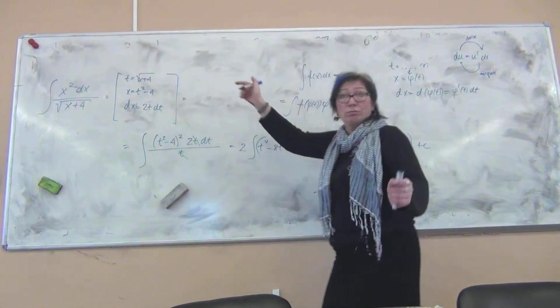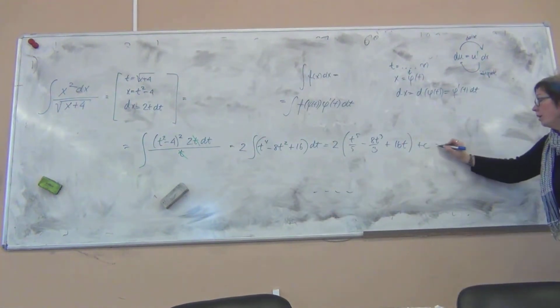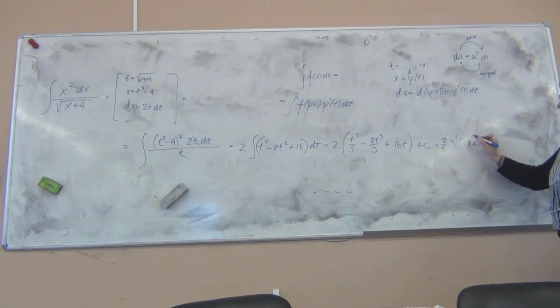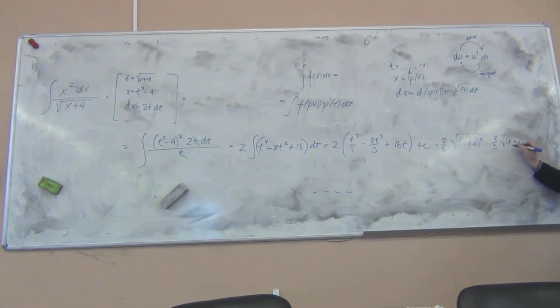And that's all. So I can write 2/5 square root of x plus 4 to the 5th power minus 8/3 square root of x plus 4 to the 3rd, and plus finally 16 square roots of x plus 4 plus c. So the last step is just substituting back.